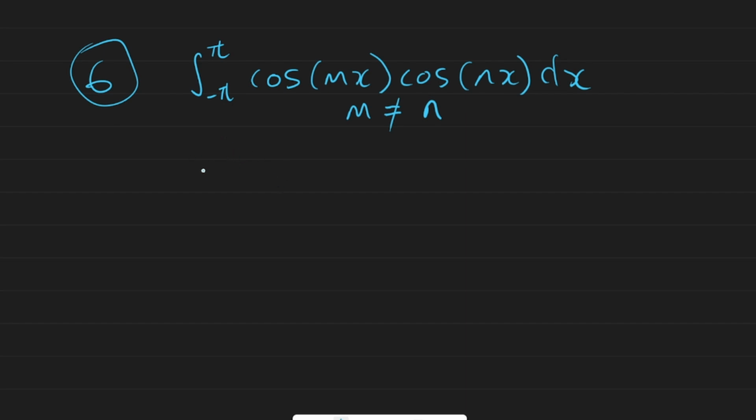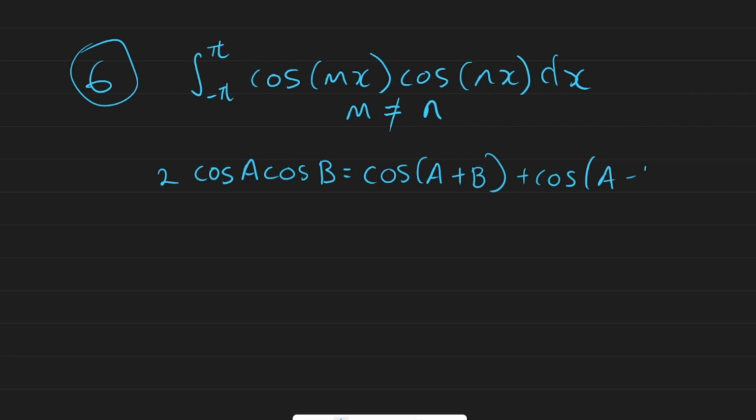So we need another trig identity, and that is 2 cos A cos B is equal to cos of A plus B plus cos of A minus B. And of course, we divide everything by 2. We have a half here and a half here.